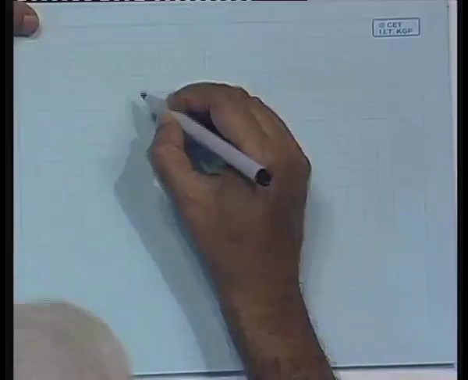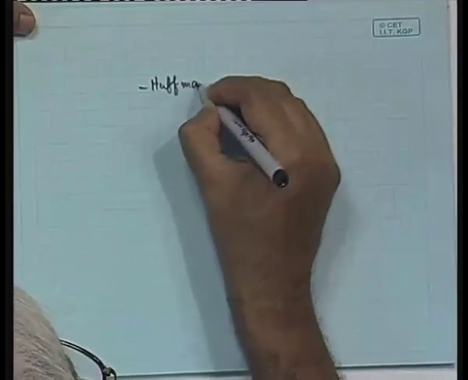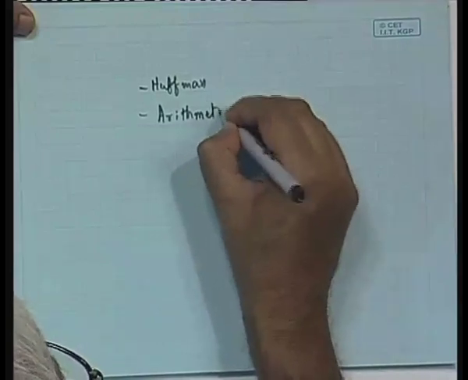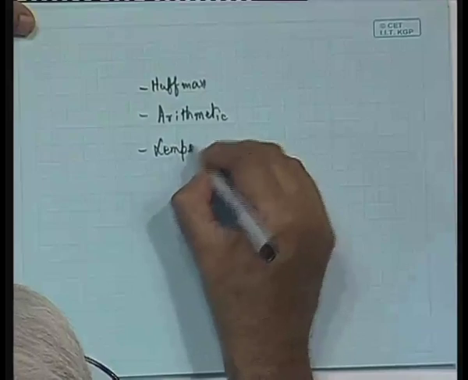So that is also another form of lossless image compression, but as I was telling you, there are many other lossless compression techniques available. We started with Huffman, then there is arithmetic coding, and then there are other coding techniques like Lempel-Ziv coding.